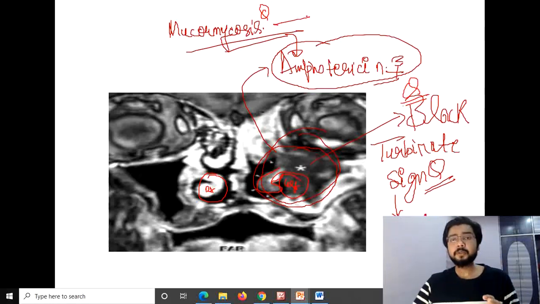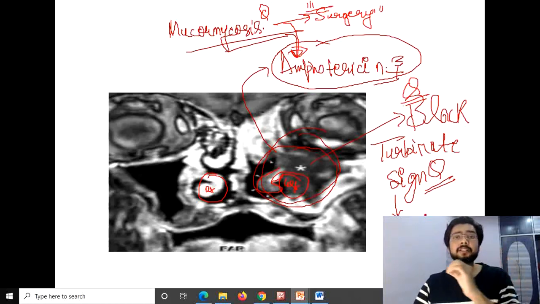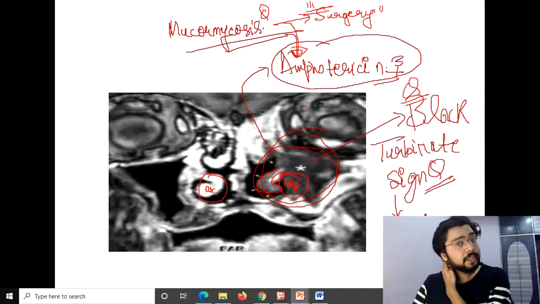So mucormycosis is not a surgical disease, it is a medicinal disease, but we do surgery as our first step. Why? Because the medicine is not going to reach these necrotic areas.